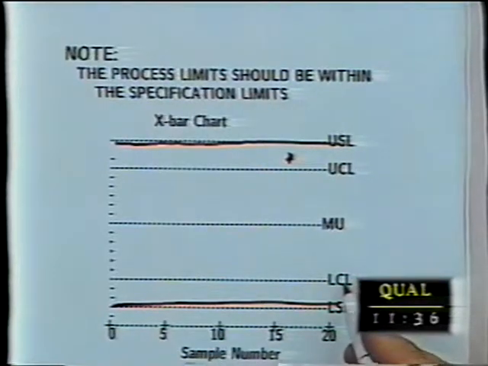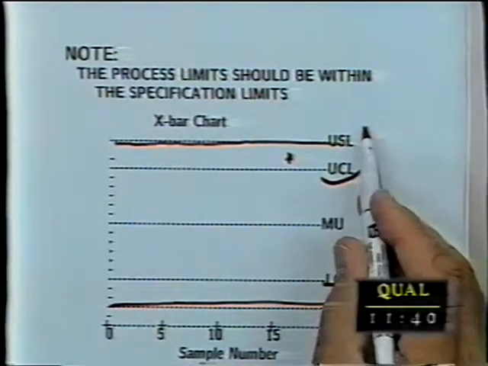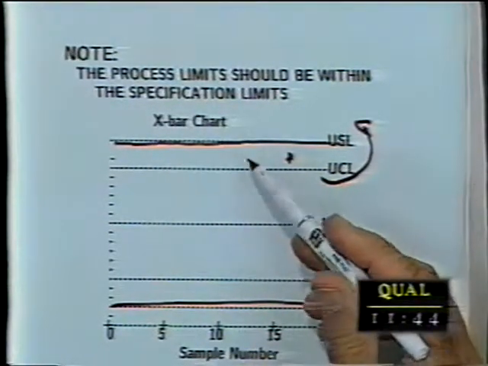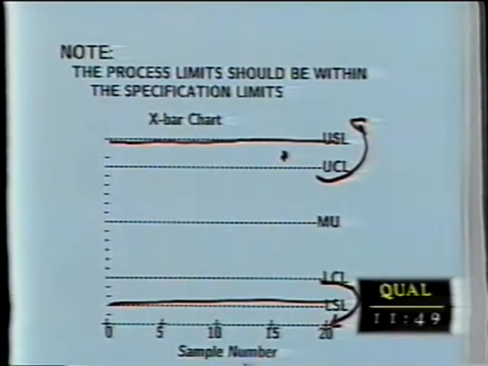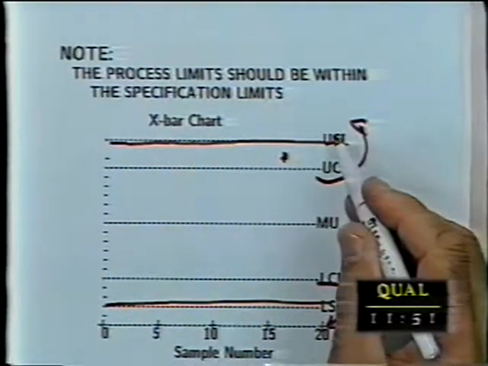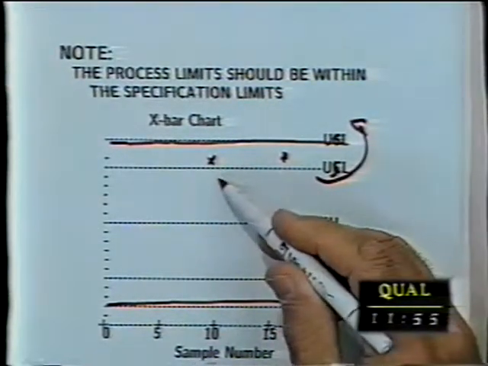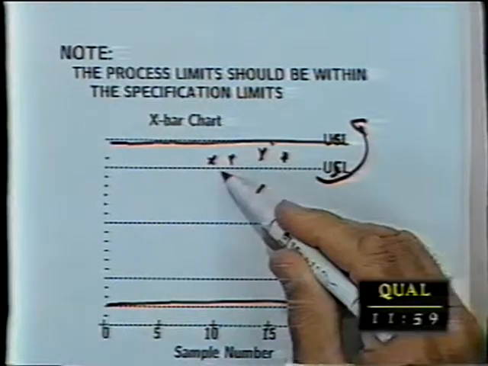If ever you tried to make something where the control limit was outside the specification limit, what would happen is that you'd be producing parts and you would let them go because the machine was in control, but they couldn't be used. Because a part that was in control, let's say this was the control limit and this was the specification limit, you'd occasionally get parts up here, here, and they're in control, but they're above specification.